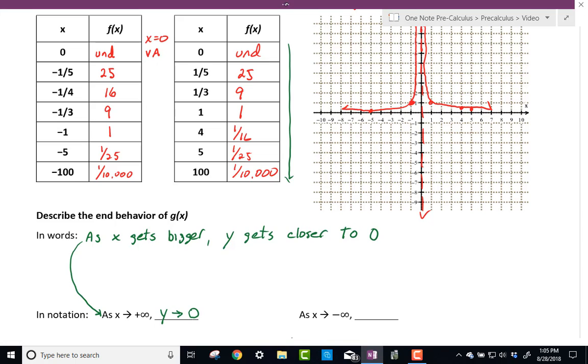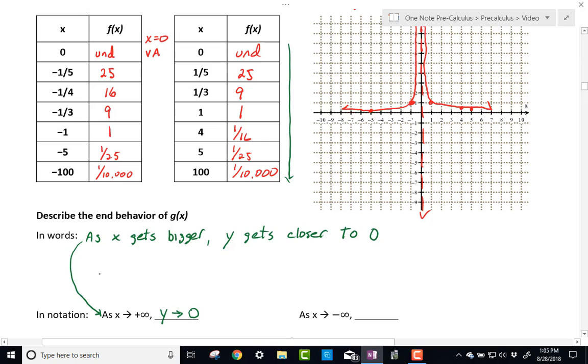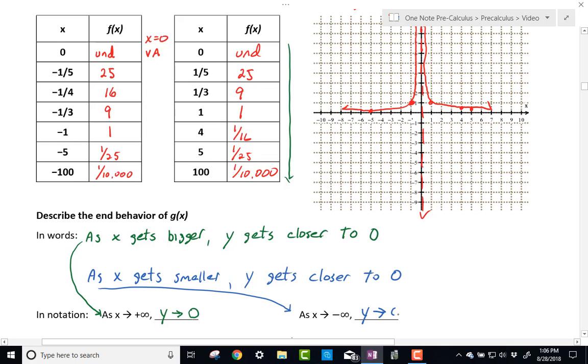All right? Doing the other side, as x gets smaller, y gets closer to 0. So this guy, the notation goes like this. As x goes toward negative infinity, y goes toward or gets closer to 0.